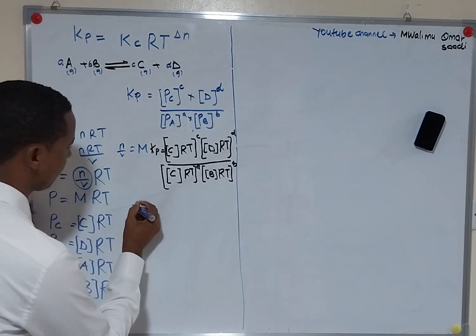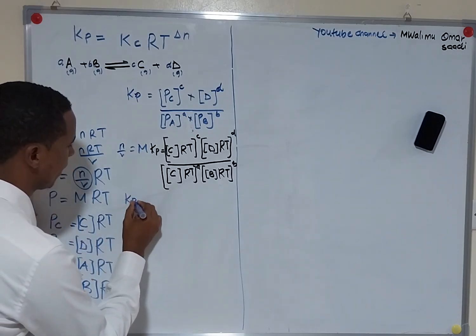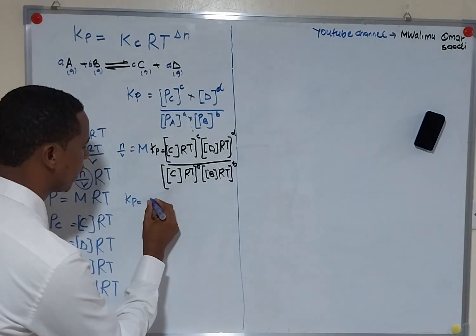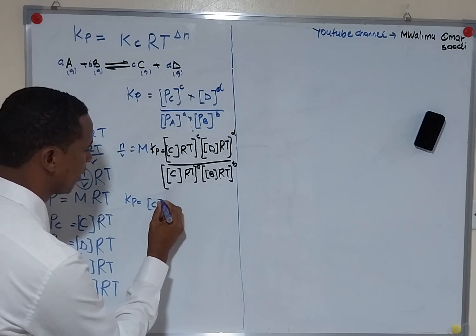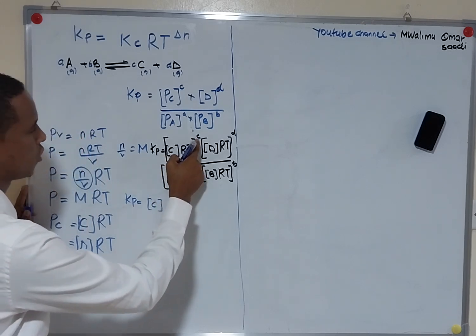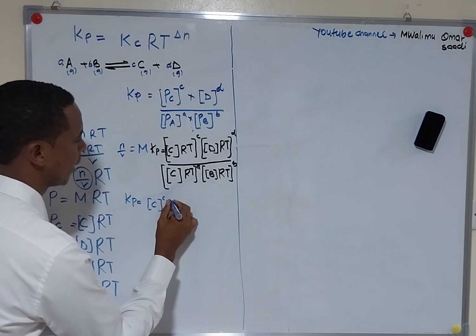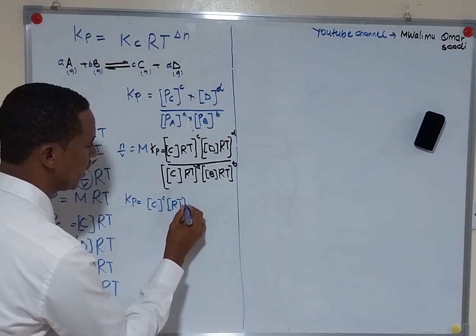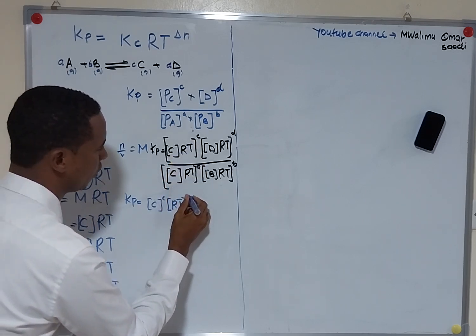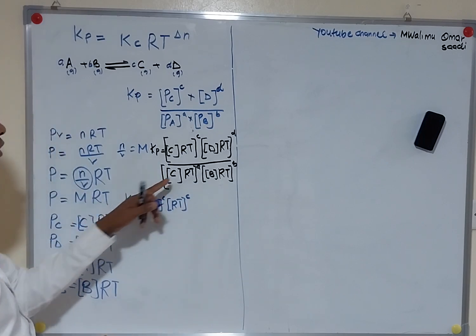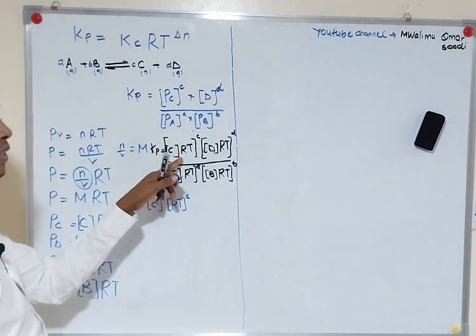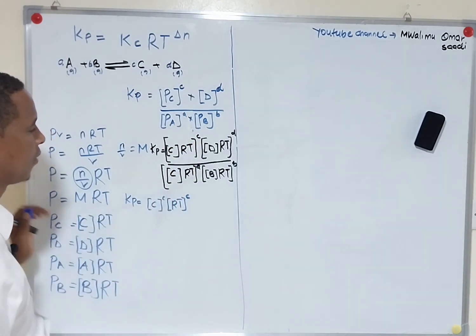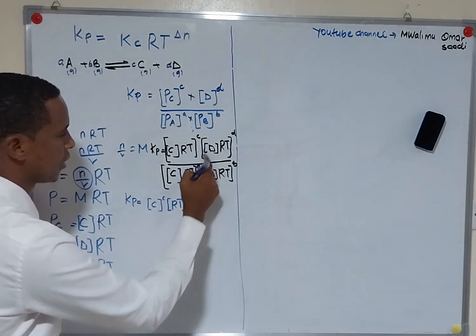So let us say Kp is equal to the concentration of C power to c, times RT power to c. We have only separated what is in the bracket, and both of them have a power of c. And then let's also separate this one.